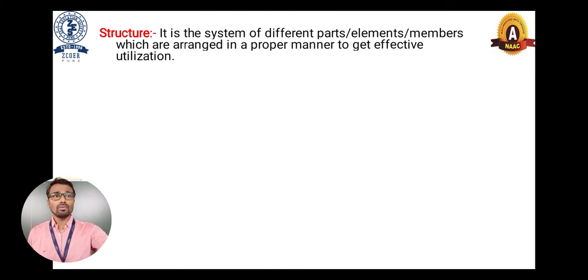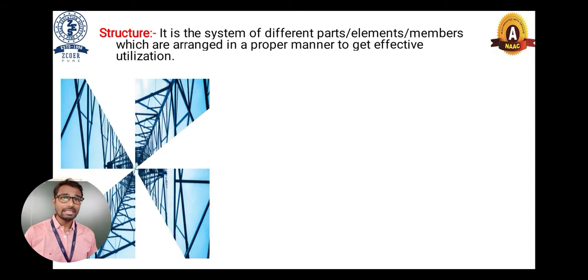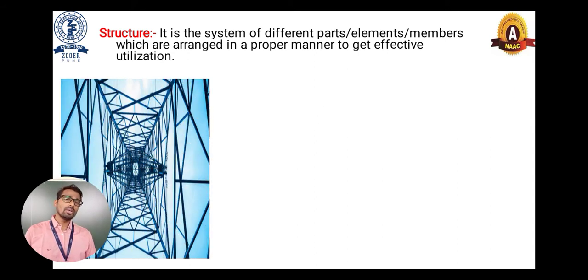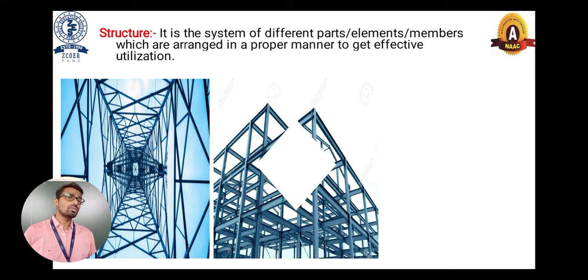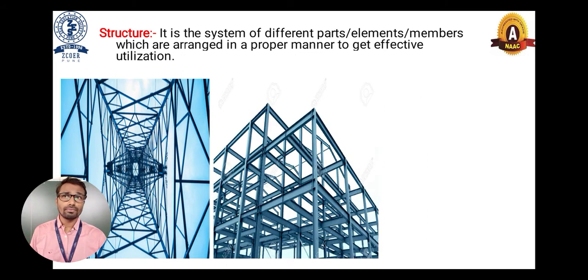Now, as civil engineers, we already know some of the structures. You have already seen truss members connected with different members and parts. Next, you know buildings which are connected with columns and a number of beams, creating one system of structure.